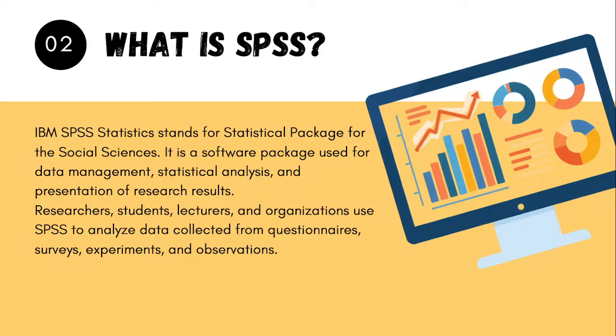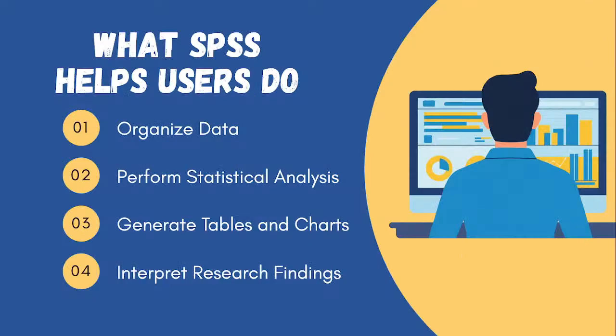So we use SPSS for managing data, doing analysis, and presenting results. It allows you to organize your data, perform statistical analysis, generate tables and charts, and interpret research findings.